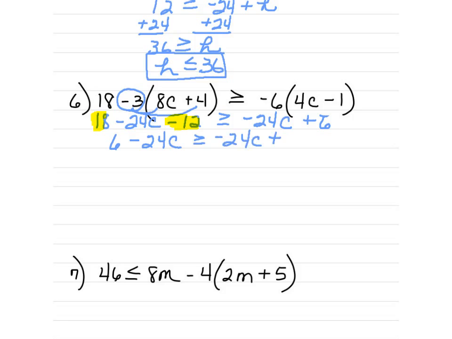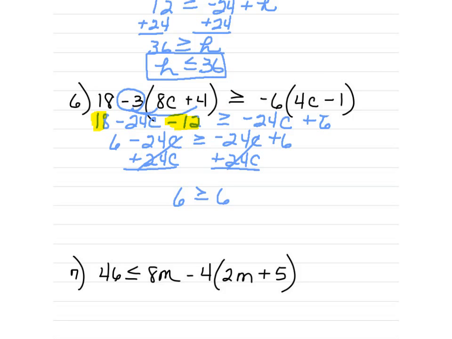As I add 24c to both sides, I know that I lose my variable term. Then I have to evaluate whether the remaining inequality is a true statement. You ask yourself, is it true that 6 is greater than or equal to 6?